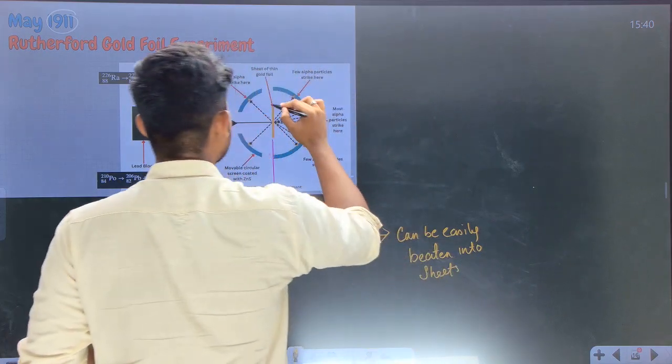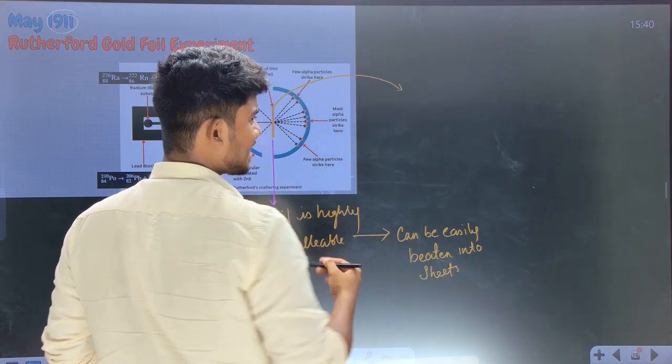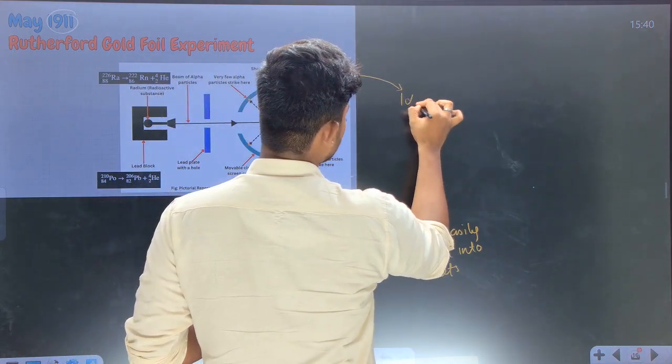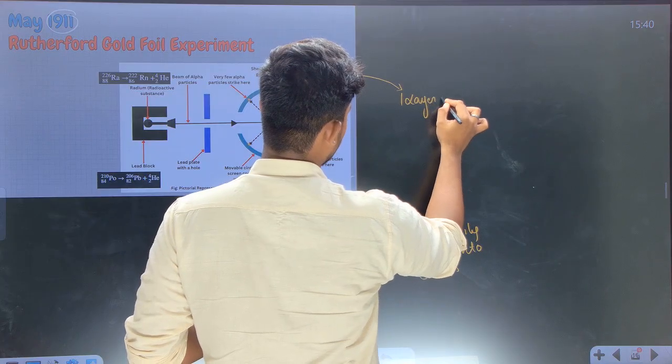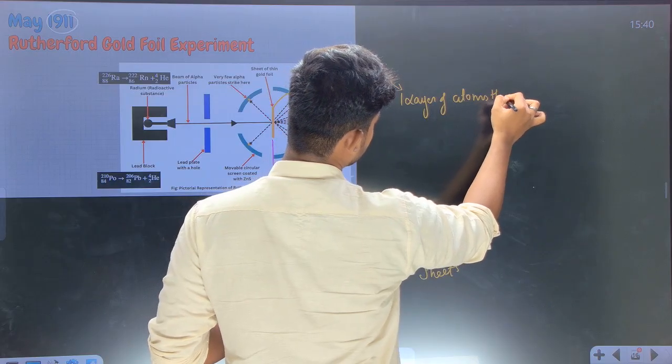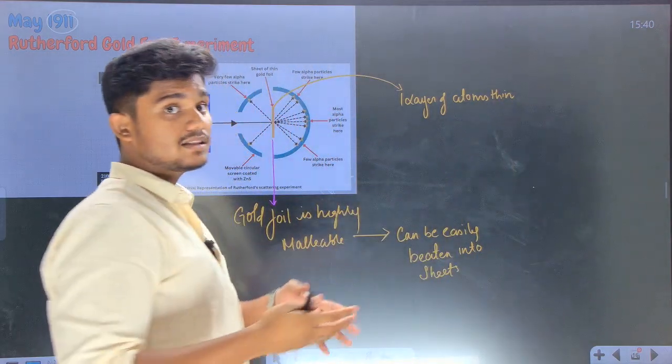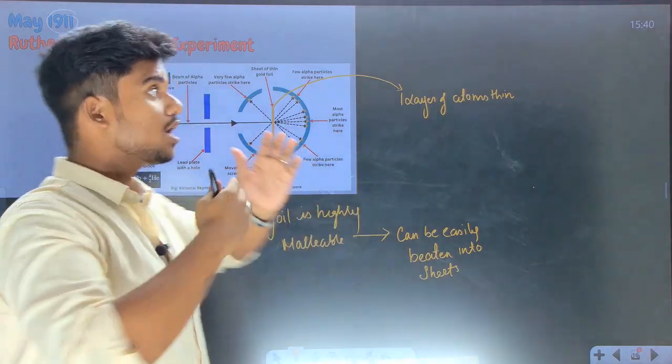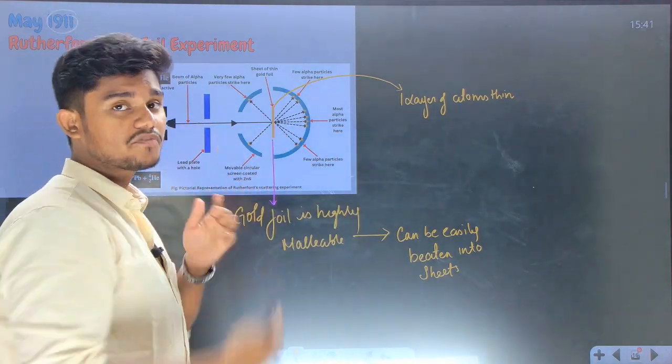And if you're wondering how thin this is exactly, it is one layer of atom thin. It was beaten into that much thinness, just a single layer of atoms.